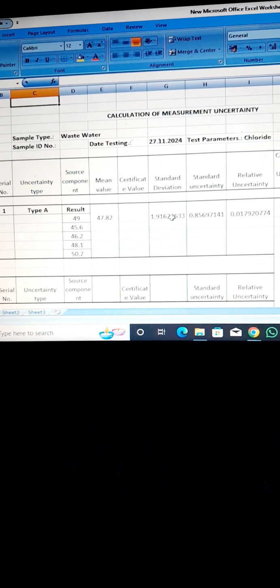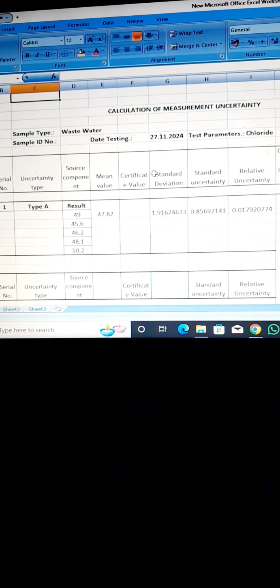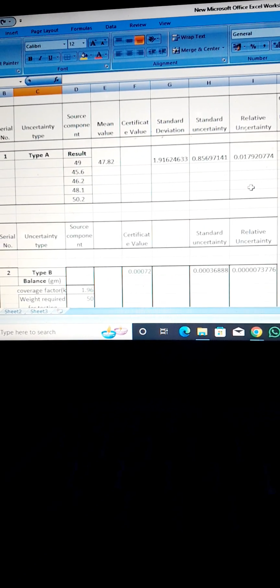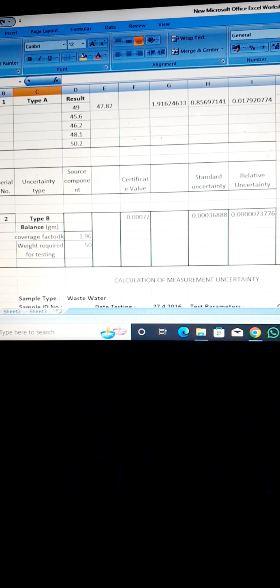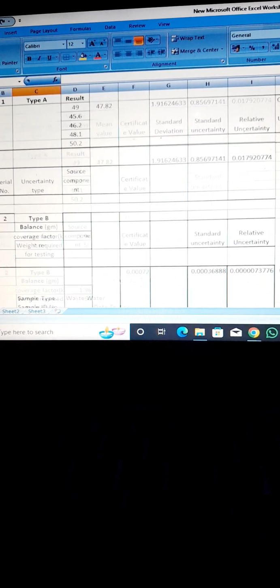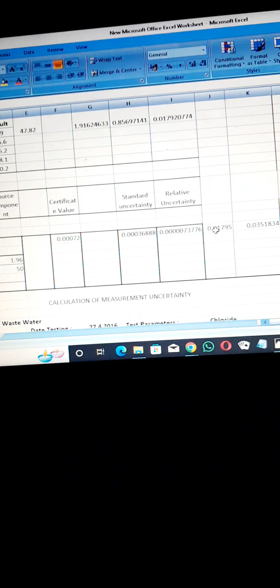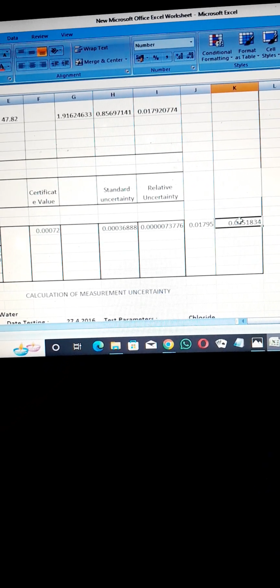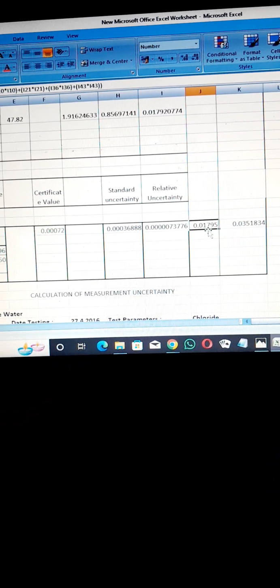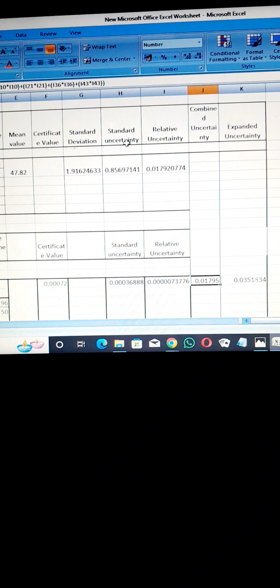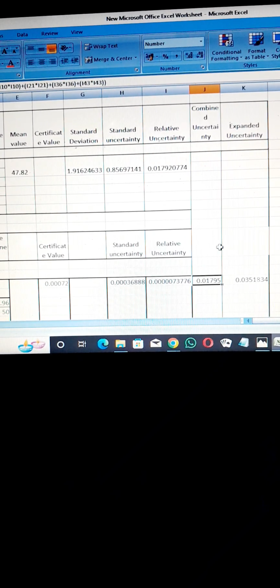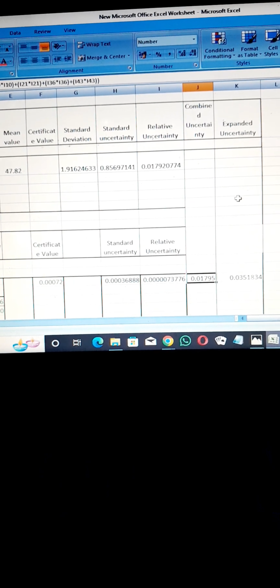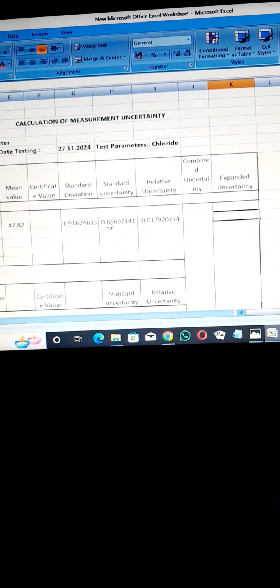From this we have to calculate the standard deviation by putting in the formula, and the standard uncertainty and relative uncertainty. Then we calculate the combined uncertainty from all the standard deviations, standard uncertainties and relative uncertainties, and then the expanded uncertainty.